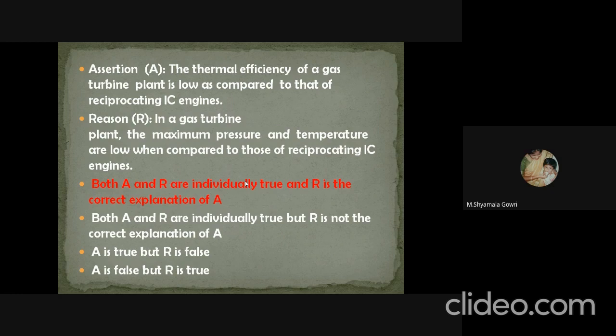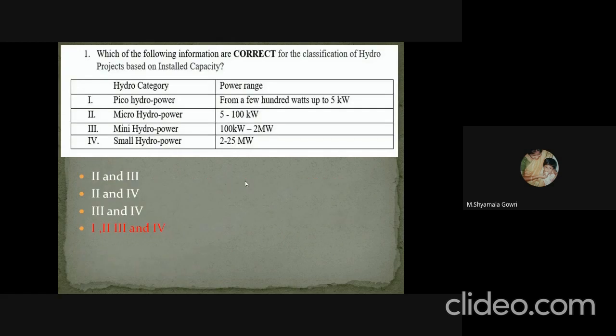Here the answer is both A and R are individually true, and the reason is a correct explanation of A. That is, in a gas turbine plant, the maximum pressure and temperatures are low compared to those of reciprocating IC engines, which is a correct explanation.